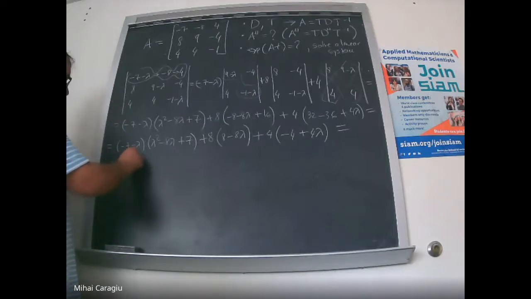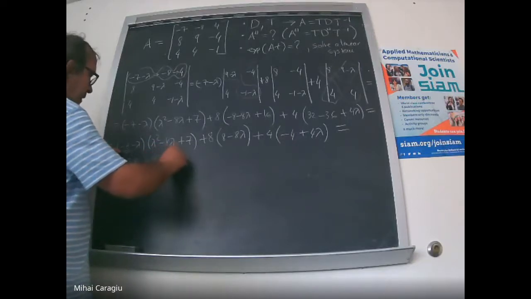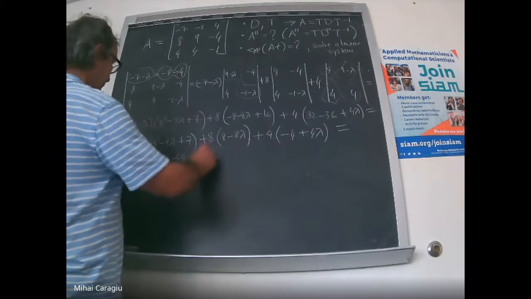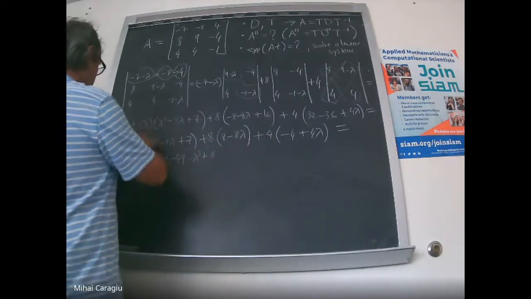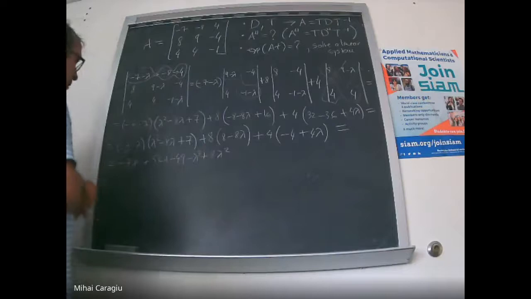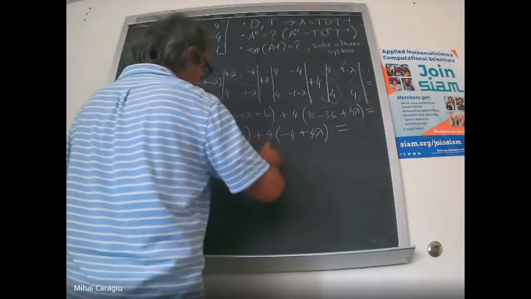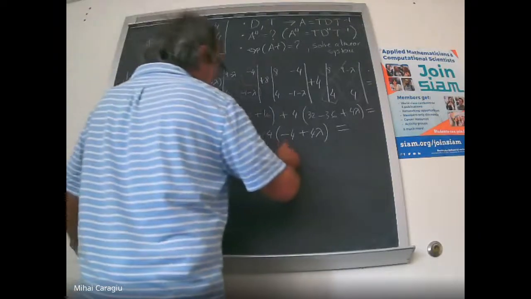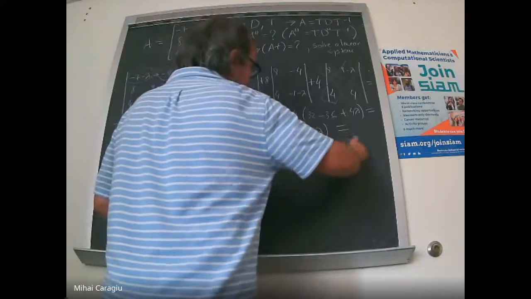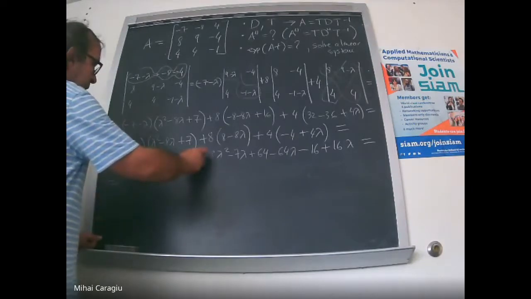Minus 7 lambda squared, let's do minus 7 first, plus 56 lambda minus 49, minus lambda cubed, plus 8 lambda squared, minus 7 lambda, plus 64, minus 64 lambda, minus 16, plus 16 lambda.